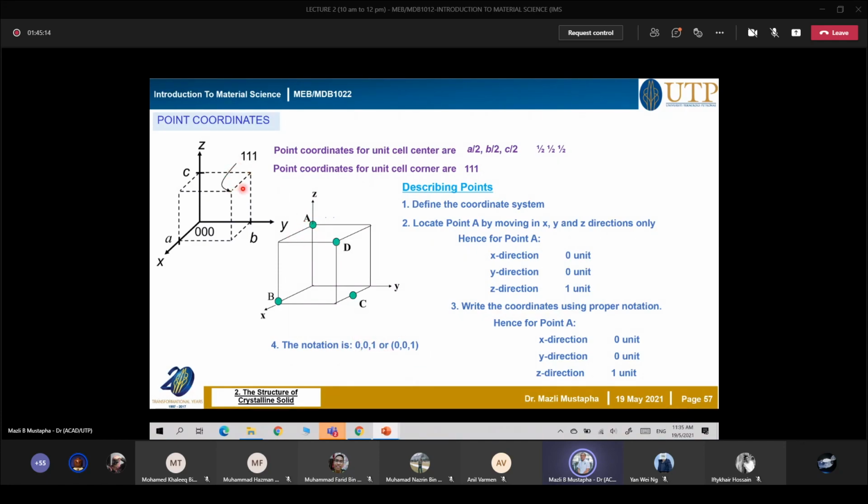D is similar for this one, and also B. For C we have to move 1 here and half in the x direction, and 0 value for the Z direction.